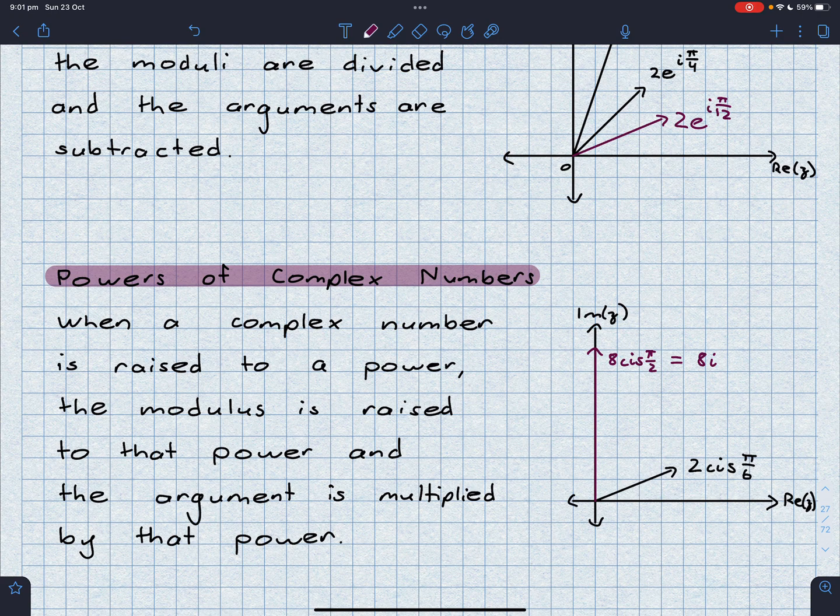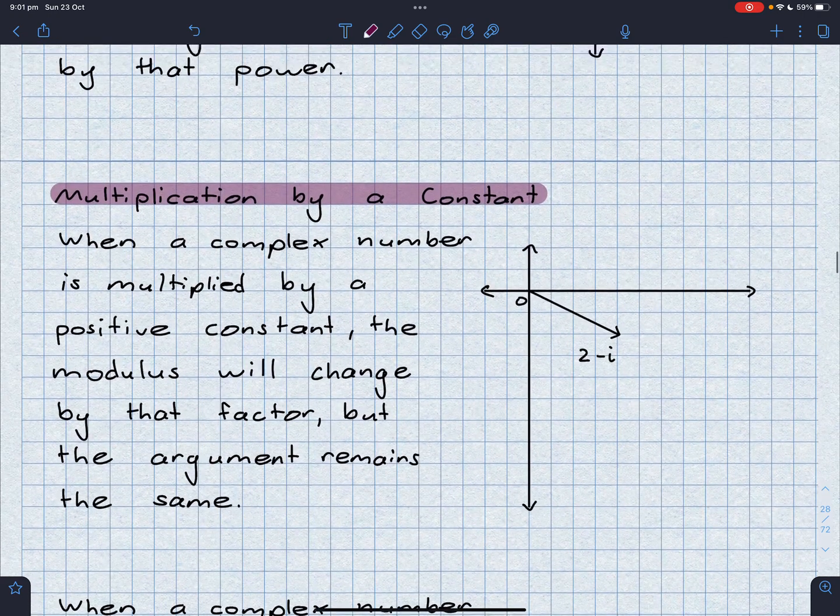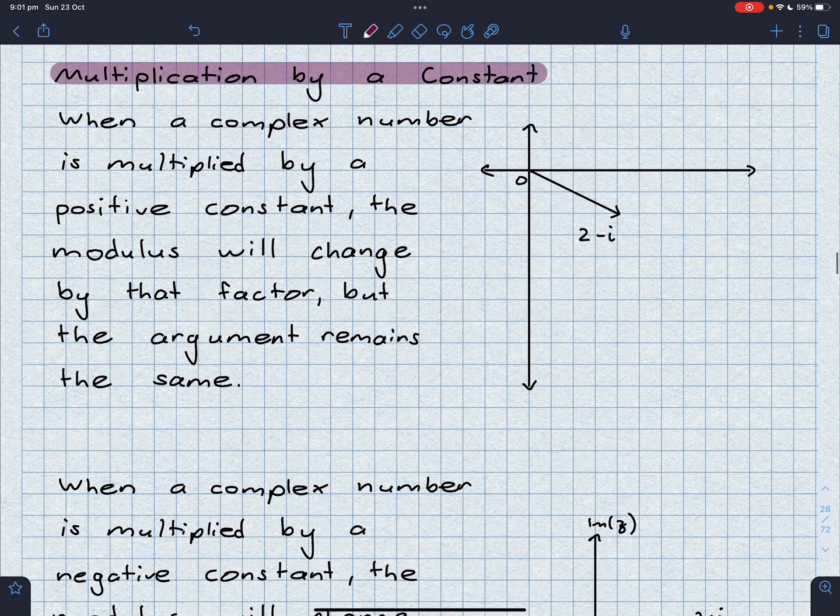Okay, if we're not multiplying by a complex number, but we're multiplying by a constant, so we're just putting a number at the front, all that's going to happen is the complex number, the vector, will get longer or shorter if it's a positive constant.